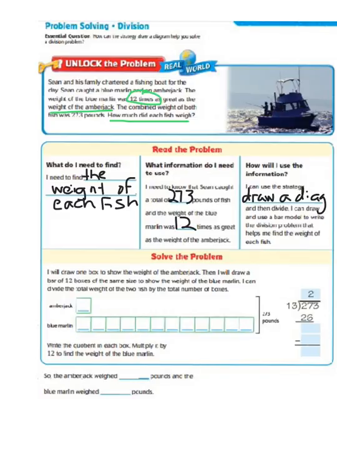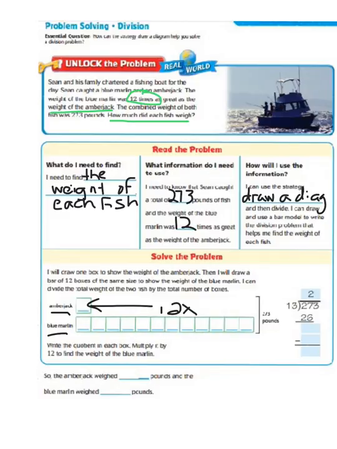Okay, so I will draw one box to show the weight of the amberjack. Then I will draw a bar of 12 boxes of the same size to show the weight of the blue marlin, since the blue marlin is 12 times the weight of our amberjack.